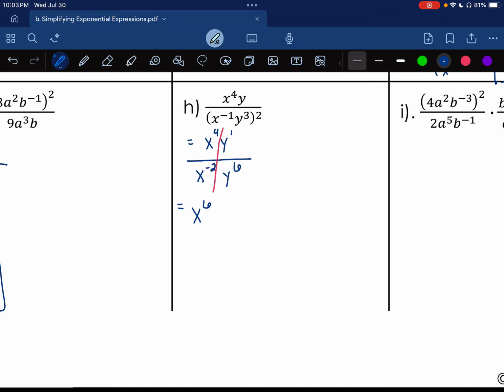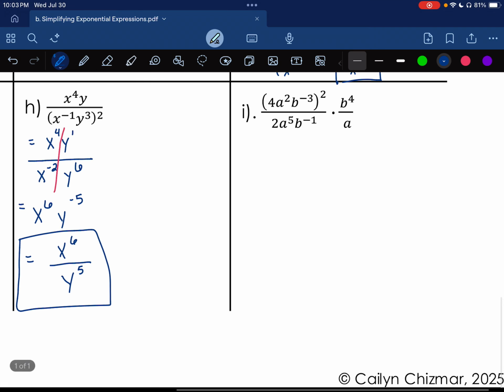And now, last but not least, this monster here. I'm going to start by squaring that numerator and then kind of smushing this into one fraction, okay? So this will look like 4 squared, which is 16. A squared squared will be a to the 4th. B to the negative 3rd squared will be b to the negative 6th. And then we have that b to the 4th power next to it.